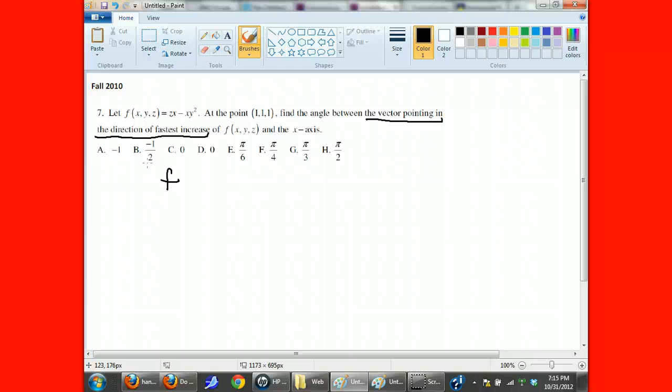Alright, so okay, there's a lot of them. Alright, so here we go. What's the x partial? Beautiful. What's the y partial?